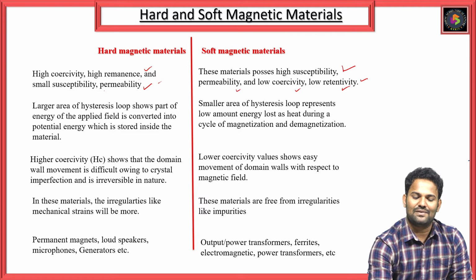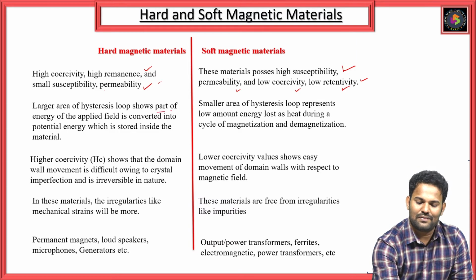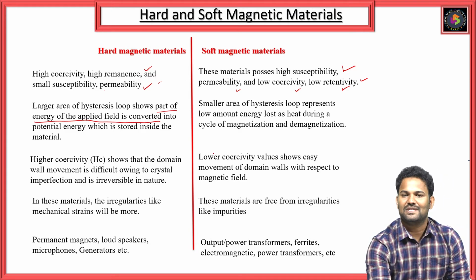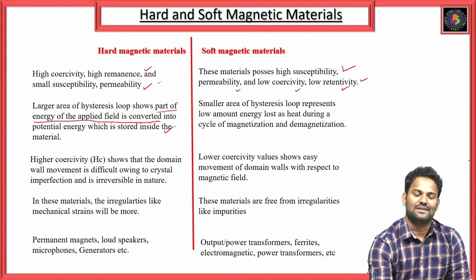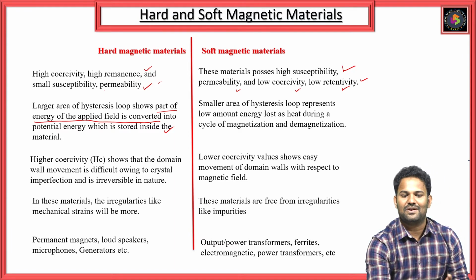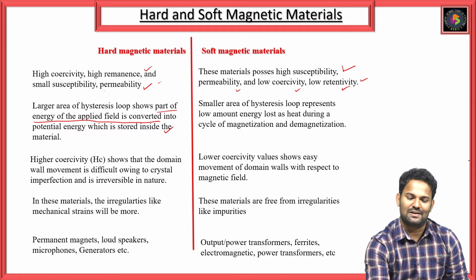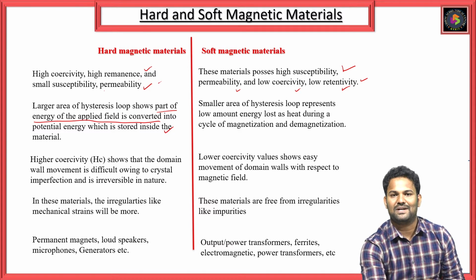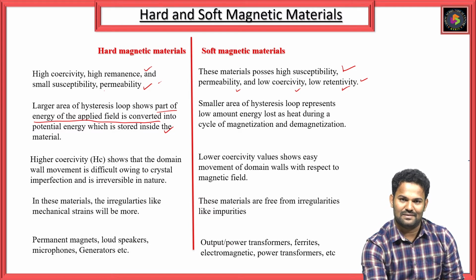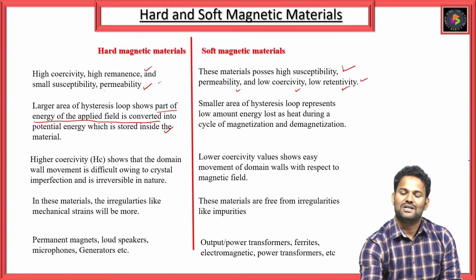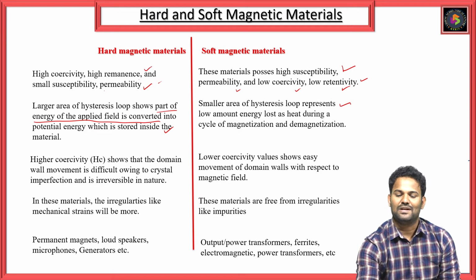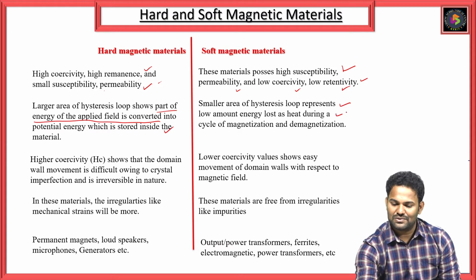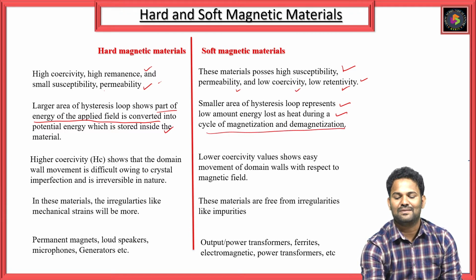A larger area of the hysteresis loop shows that part of the energy of the applied field is converted into potential energy, which is stored inside the material. So a larger loop indicates that when we apply an external field, that energy can be converted into potential energy and stored in the material, in the case of hard magnetic material. In the case of soft magnetic material, a smaller area of the hysteresis loop represents a low amount of energy lost as heat during a cycle of magnetization and demagnetization.